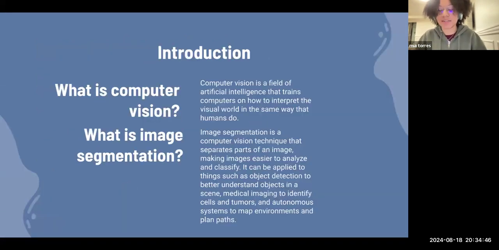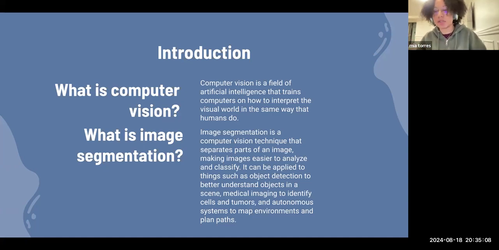So just to give you guys an introduction into what all of this stuff is. Encompassing image segmentation is a field called computer vision, which is basically a field of AI that trains computers to think the way we do in regards to how we perceive the visual world.